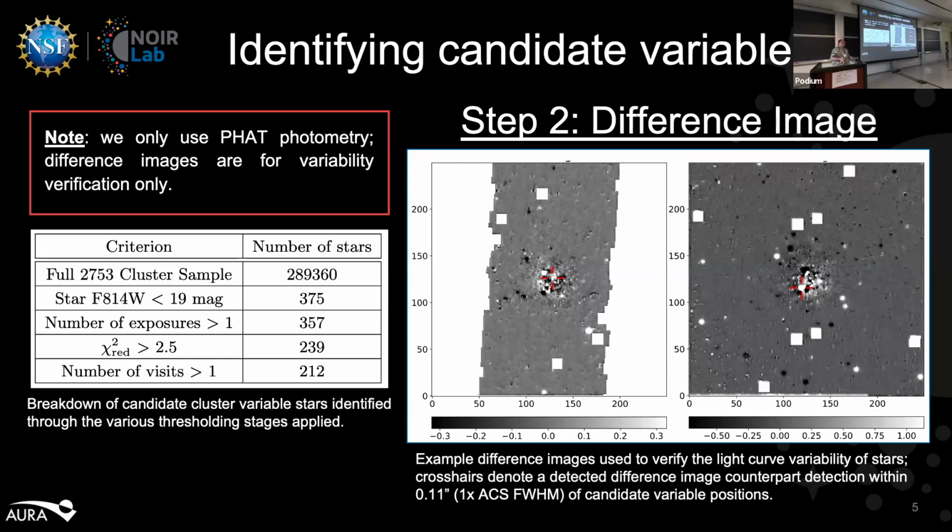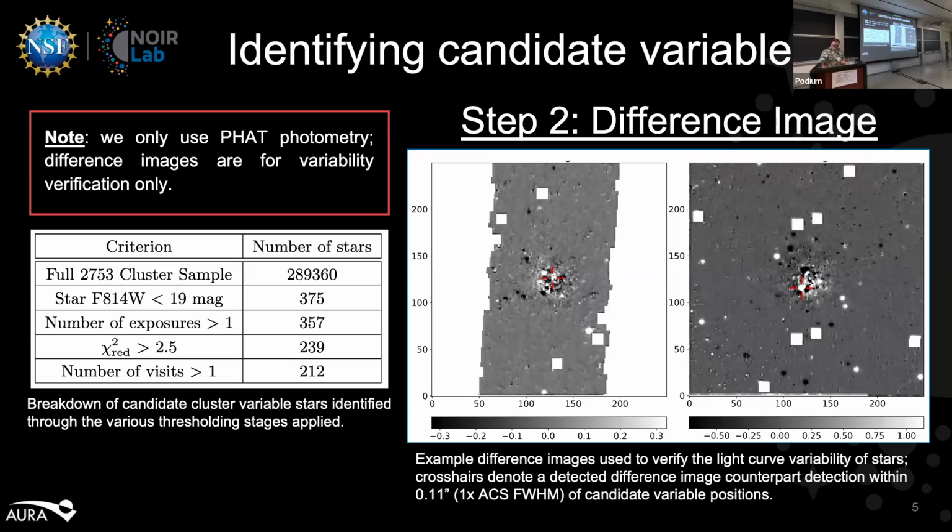We perform source detection, and any star with a counterpart source within 1 ACS full width at half maximum is classed as a confirmed variable. Again, re-emphasizing, we don't do any photometric measurements. Why reinvent the wheel when the PHAT catalog is a very well understood and very good wheel.